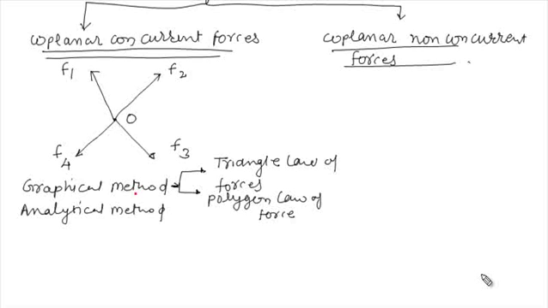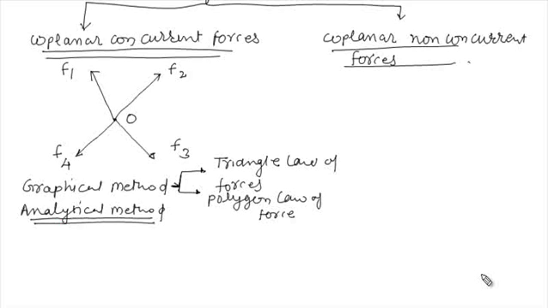We can get accurate results only by the analytical methods, because graphical methods use graphs and the chances of manual error will be more. So the result will vary from student to student. So we will not concentrate on the graphical method, but for our knowledge, I am just explaining that these are the two graphical methods for coplanar concurrent forces.